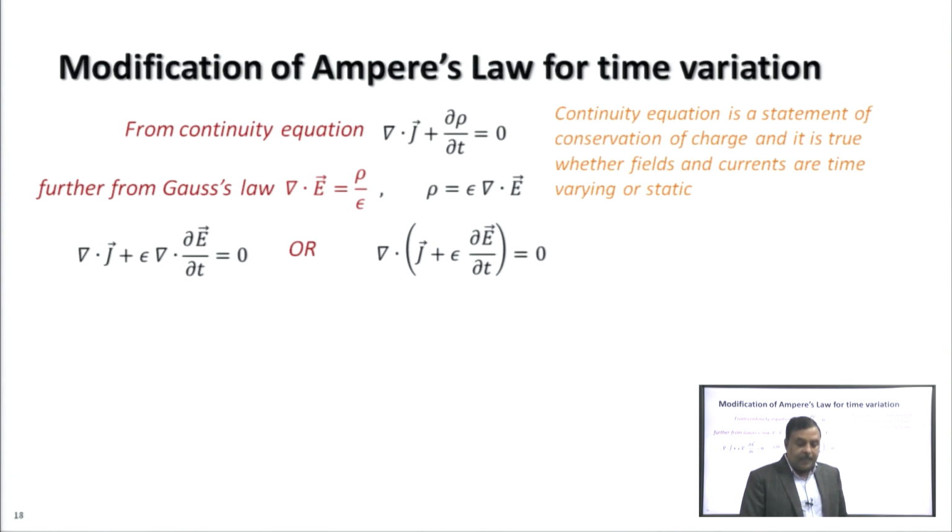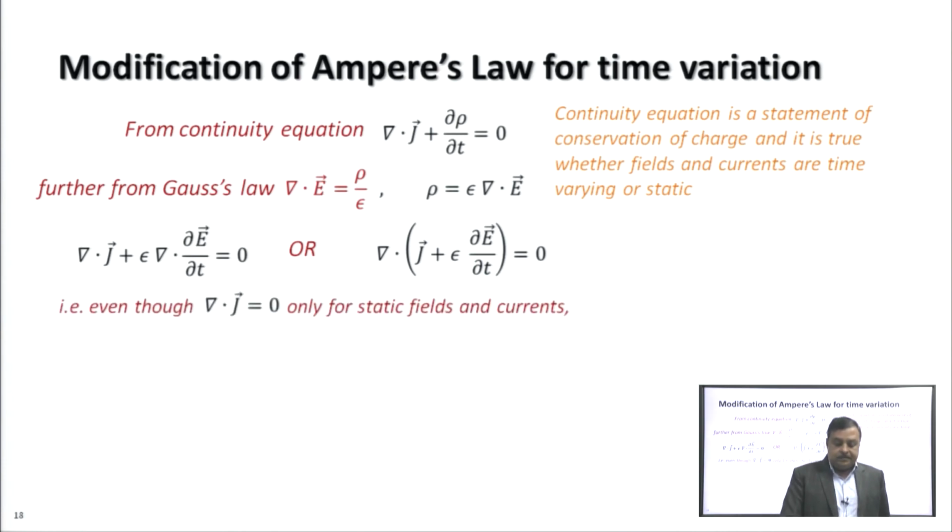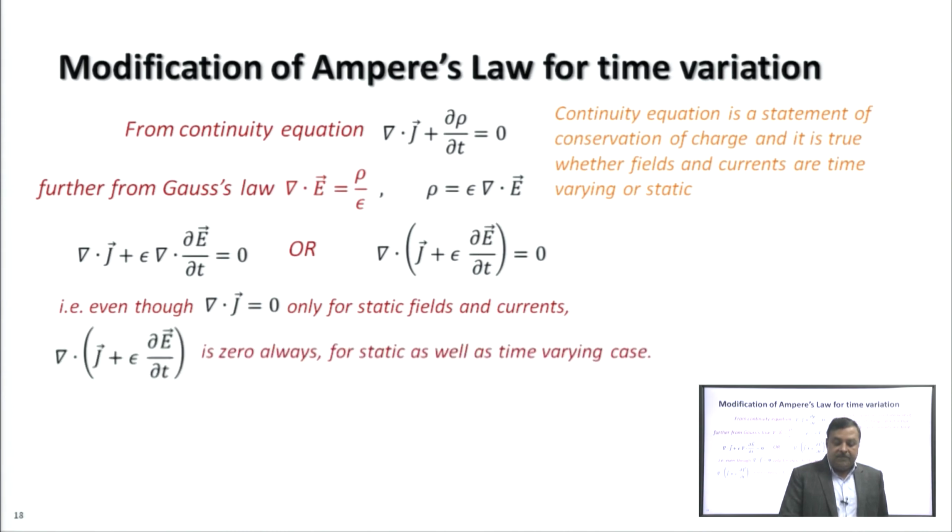Ampere's law was valid only for del dot J equal to 0, which holds only for static fields and currents, but del dot bracket J plus epsilon delta E by delta t is 0 always, for static as well as time varying case.